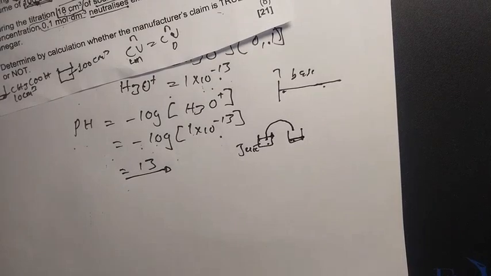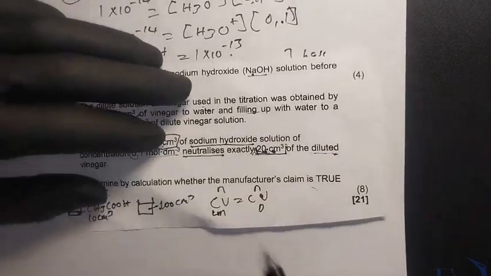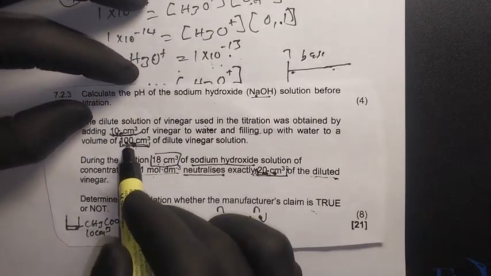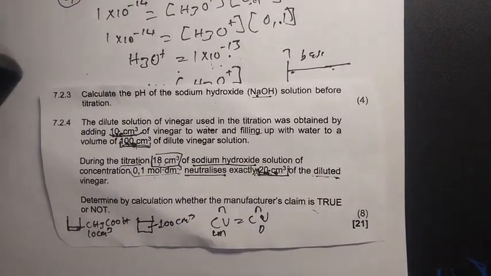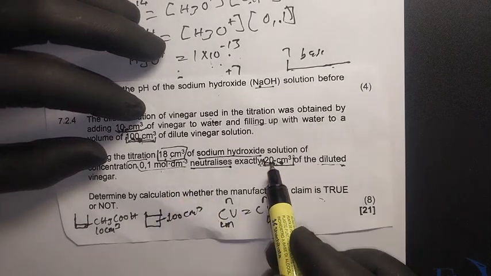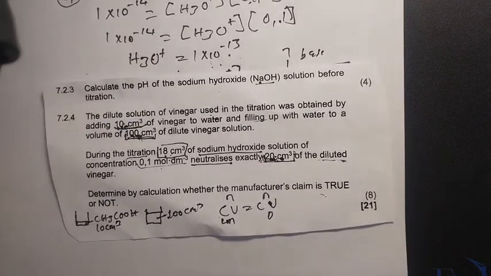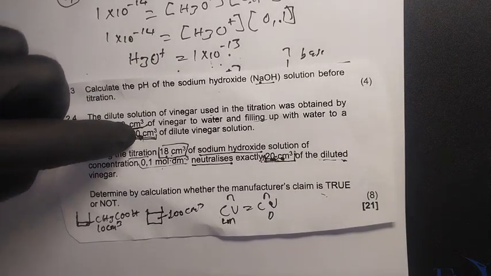It will taste the same. The concentration is the same. The concentration of this 20 centimeter cube and this 100 centimeter cube should be the same, because it's the same thing. The only thing they told us is that 18 of this neutralizes 20 centimeter cube of this one, but the concentration of this 20 centimeter cube is the same as the concentration of this 100 centimeter cube.